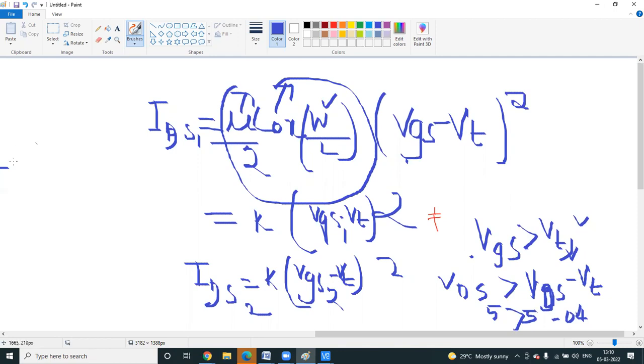So to make the saturation region, what do we need to do? VG equal to VD. Understand, or any doubt?